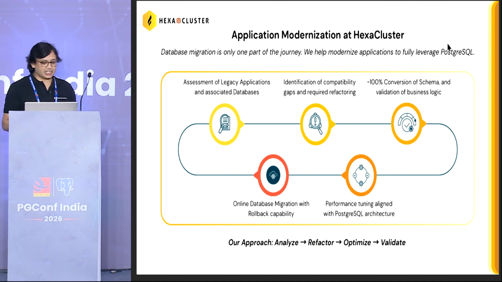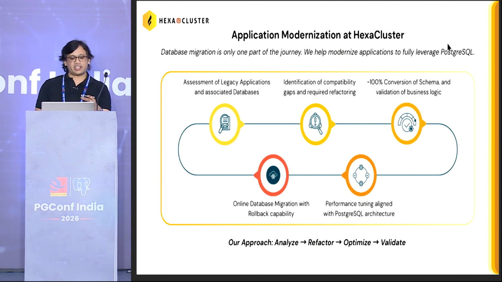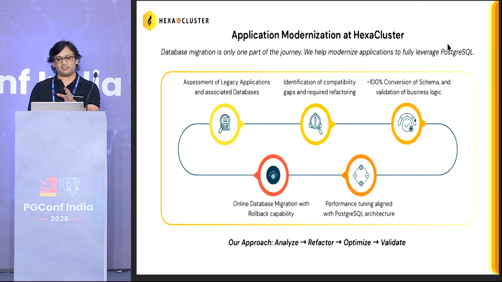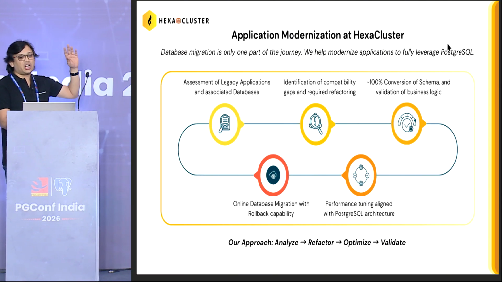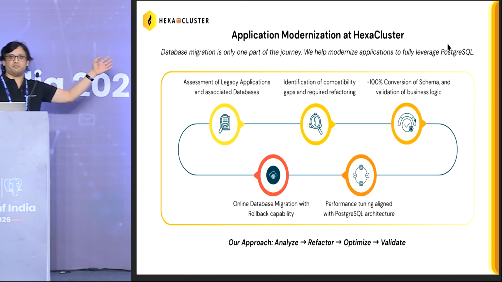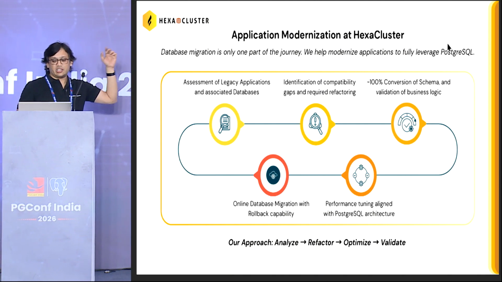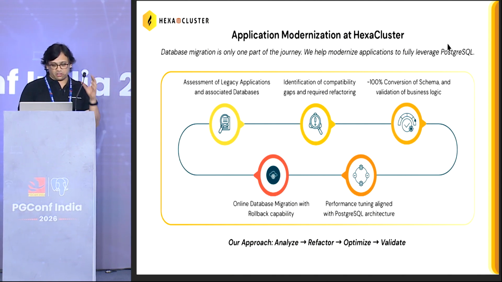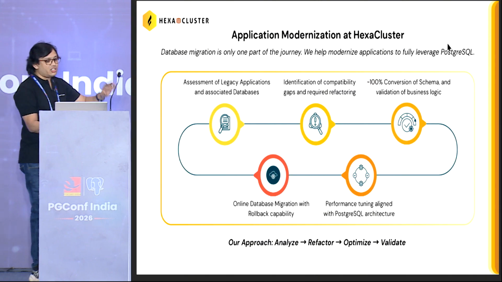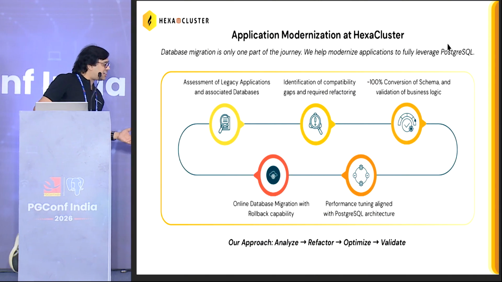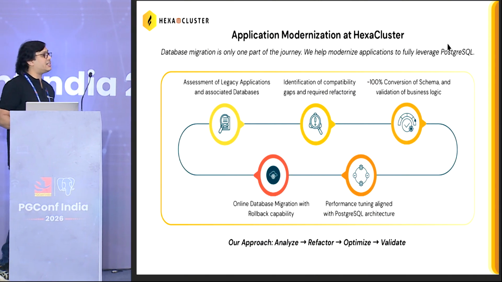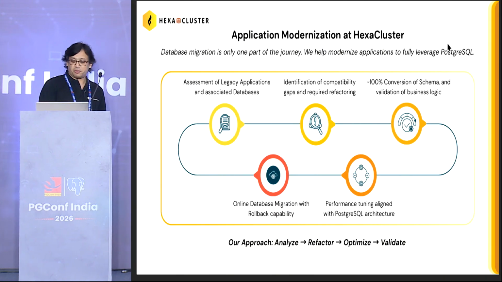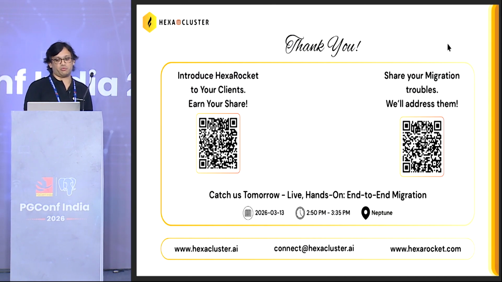We assess your legacy application and databases, then identify the compatibility gaps. We do 100% conversion of schema and business logic migration, then tune your Postgres architecture and handle any other interesting challenges, and then help you do an online database migration with rollback.